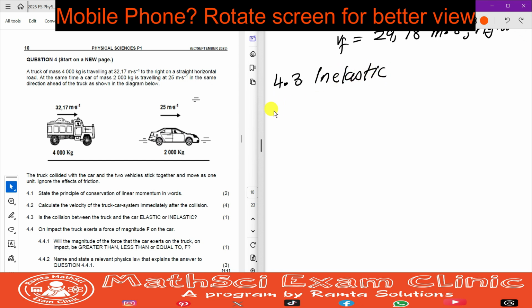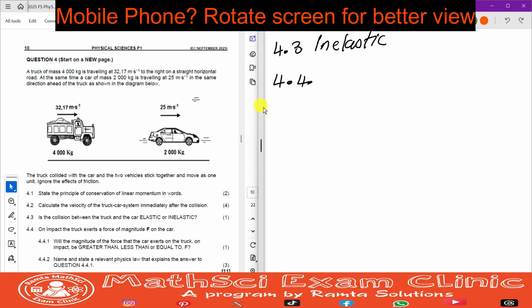When you are not sure of such, you make a quick calculation, even though the question didn't ask for it, where you find the total kinetic energy before collision and compare it with the total kinetic energy after collision. This one we can really say it is inelastic without a doubt.